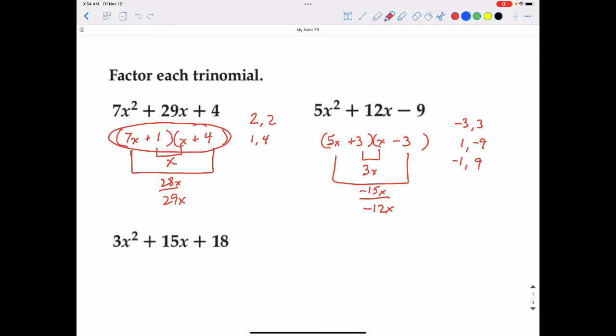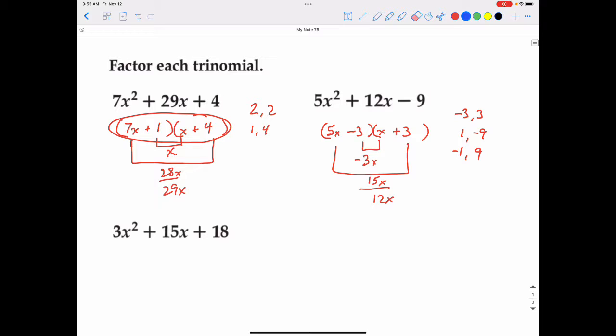So let's put a +3 over on the right side. So the +3 will be multiplied times the 5, and a -3 will be multiplied times the x. So -3 times x is -3x. 5x times 3 is +15x, and that adds together to be +12x, so that's the correct way to factor that one.